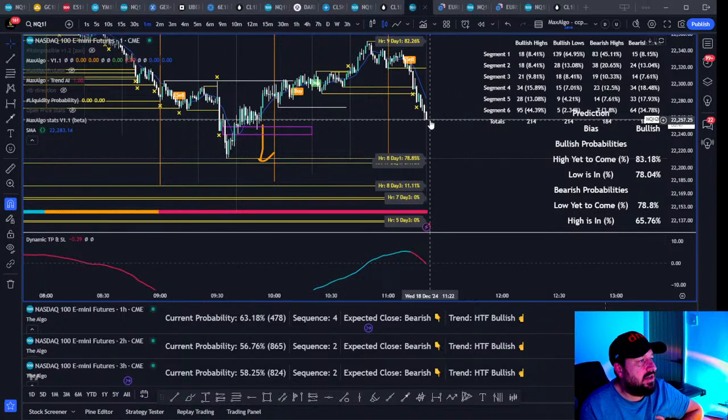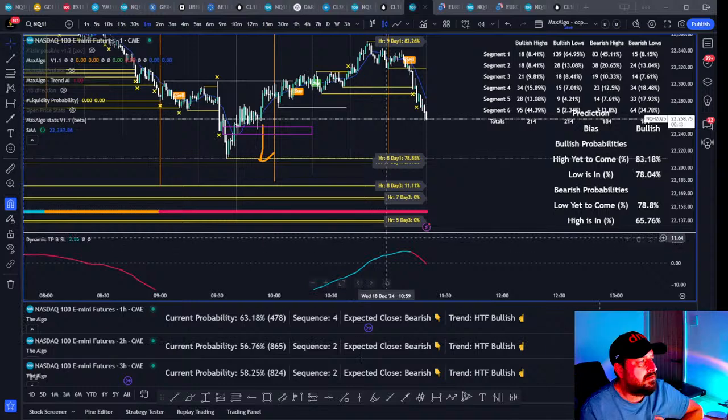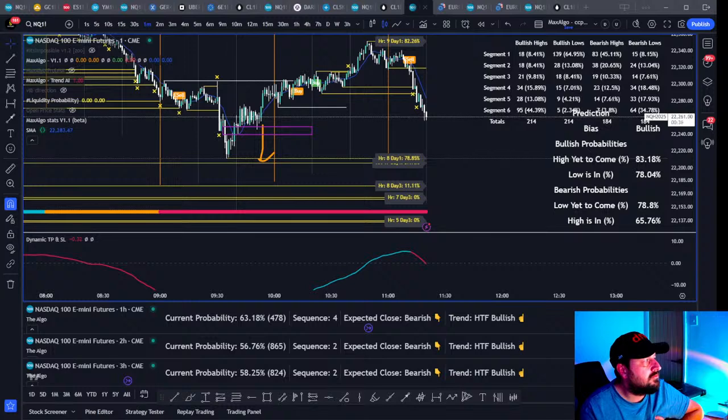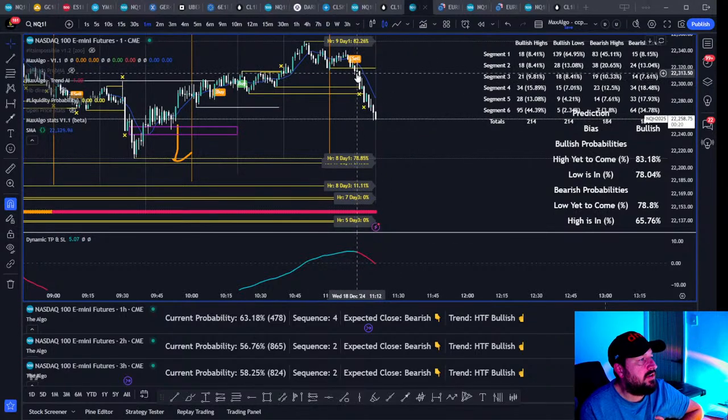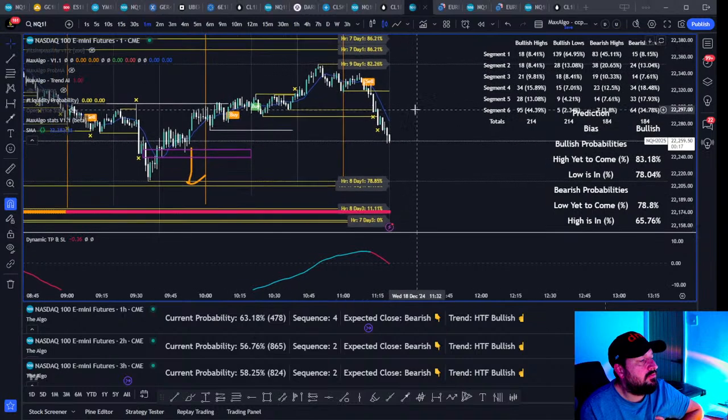Back below the 0 line. We'll confirm short once we take this low. We had an early signal here, right? Nice early signal.